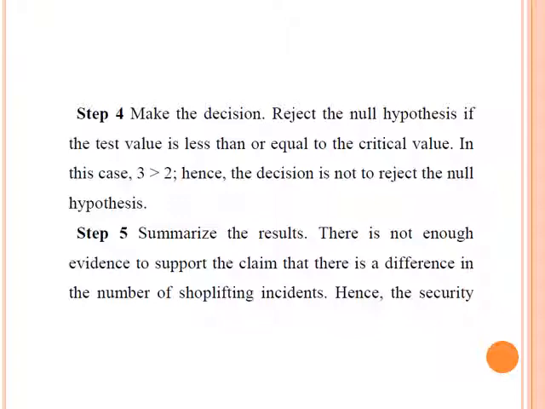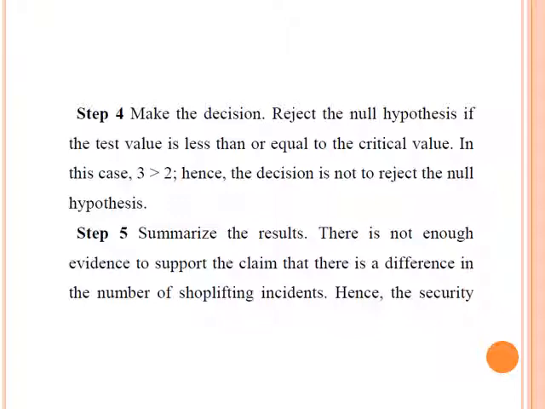Applying the decision rule, the decision will be not to reject the null hypothesis, because the test value is greater than the critical value that we obtained from the table, or in other words, the calculated value is greater than the tabulated value that we have from the appendix in your book.